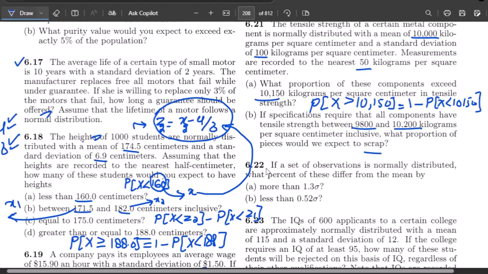Now question 6.22 is somewhat different from the above questions, and we will try to solve it in our upcoming video. Try to solve all the questions, but this part B is for you. You have to practice it, and we will also discuss it if you have any question.